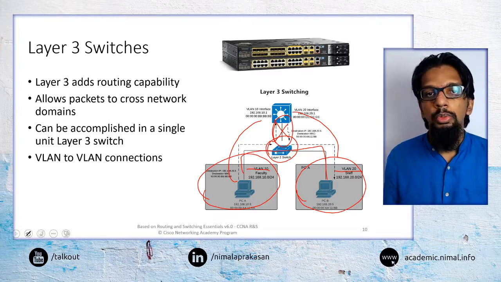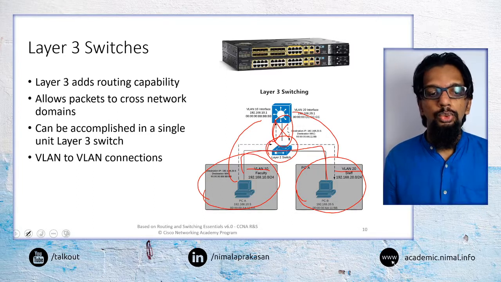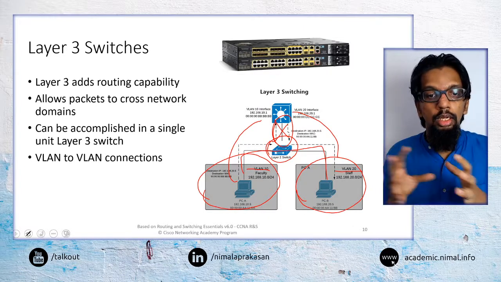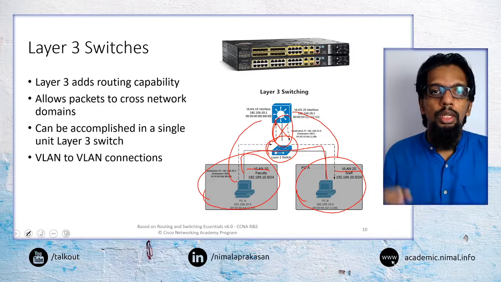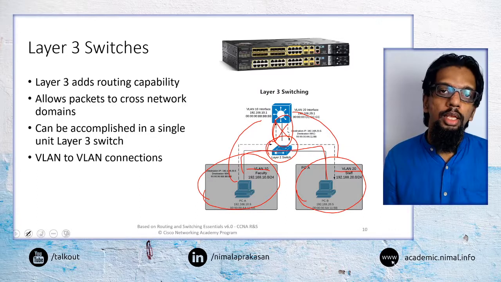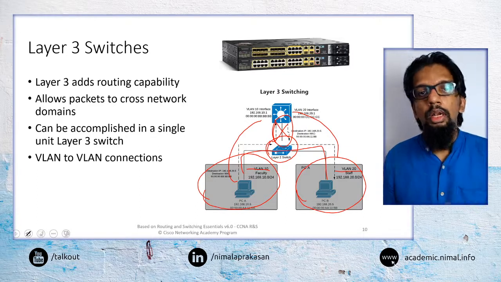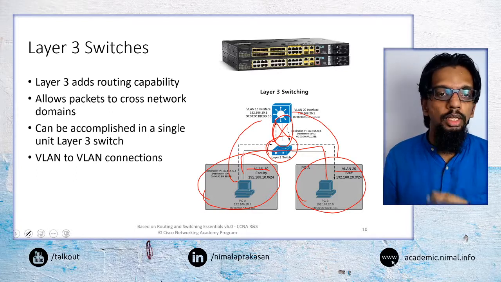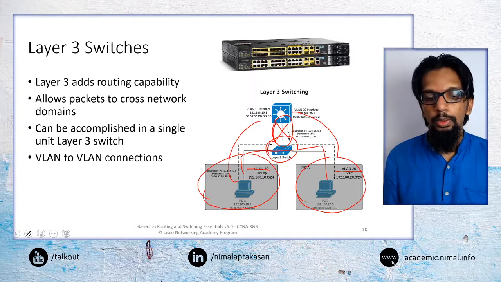So for those purposes, we may use layer 3 switches, particularly when we need network connectivity across networks or across virtual networks. Again, we will discuss this in a bit more detail when we are discussing VLANs next week.